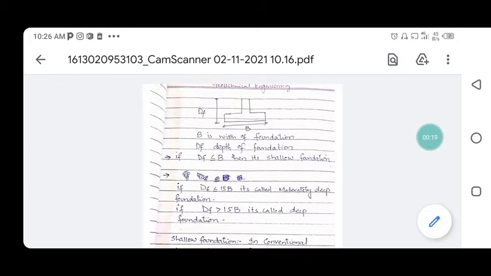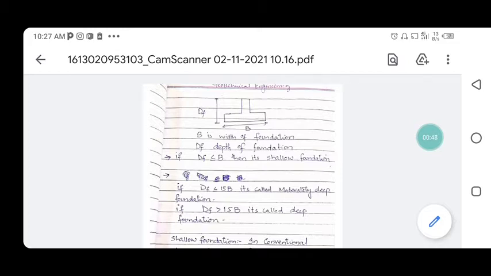Most of you people may know that bearing capacity plays an important role in designing the foundation of any building, because our foundation rests on soil. So if soil does not have strength, then it may face failure.